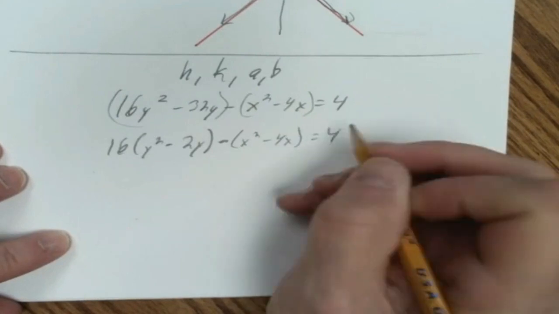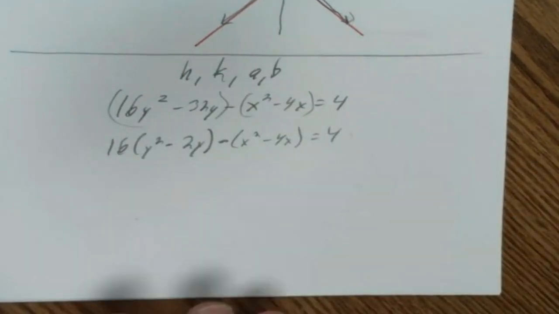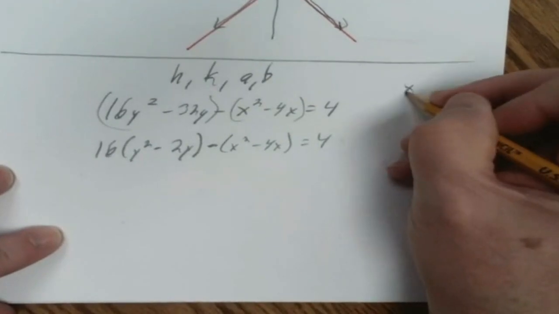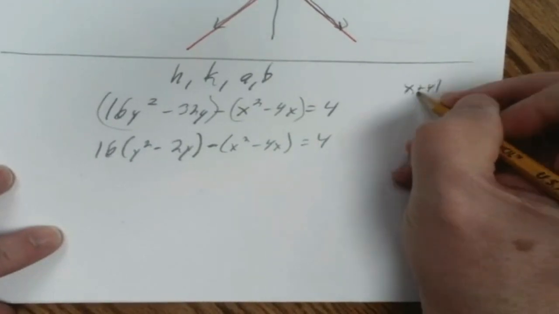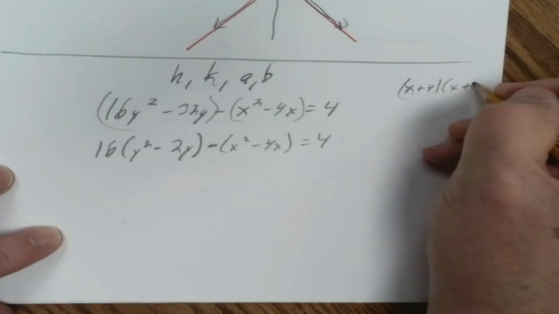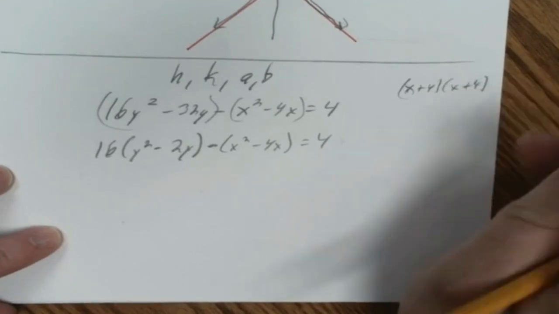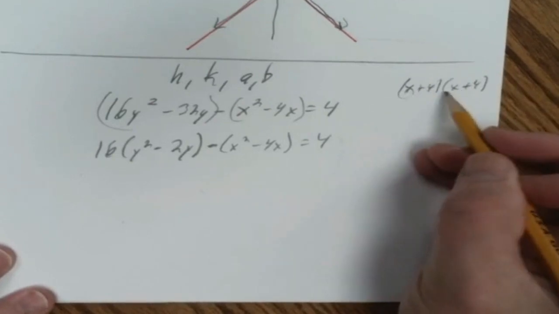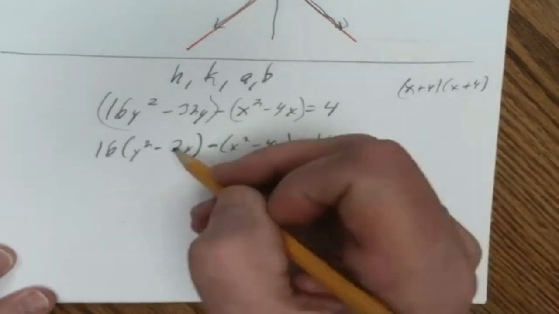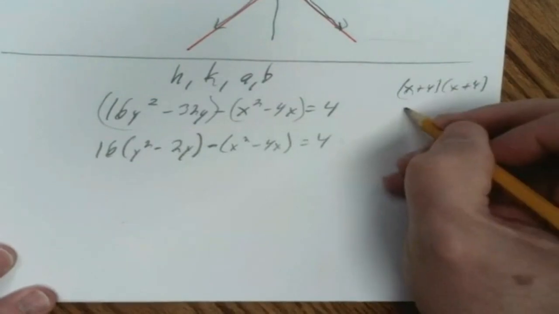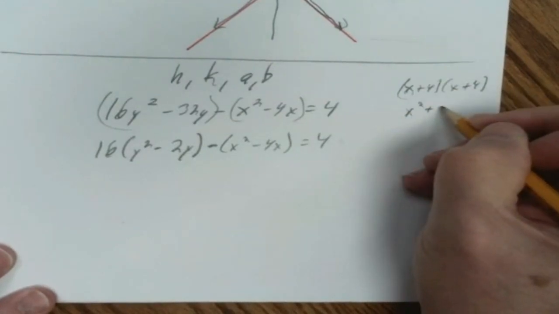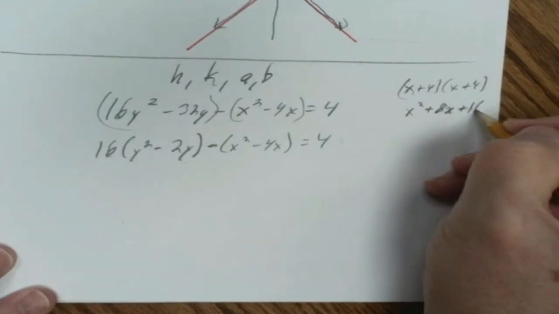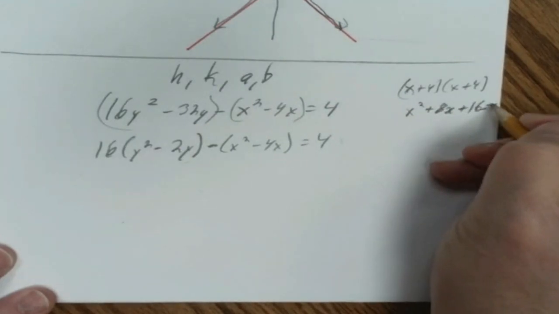Okay, so remember, completing the square means you're creating a perfect square, which means you have two binomials that are the same that create that trinomial. Like x plus 4 times x plus 4, equals 0.